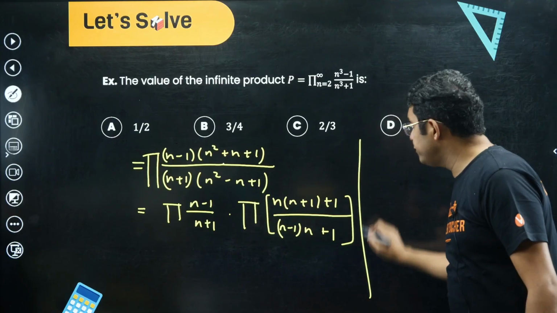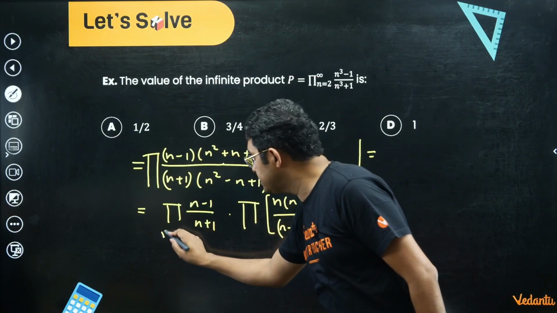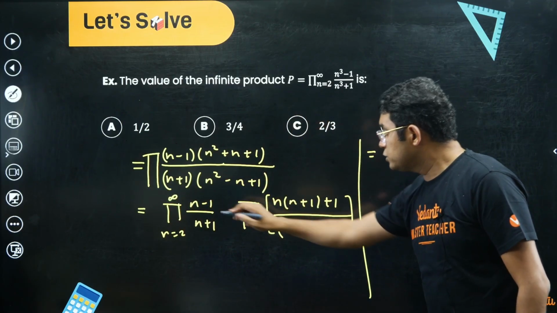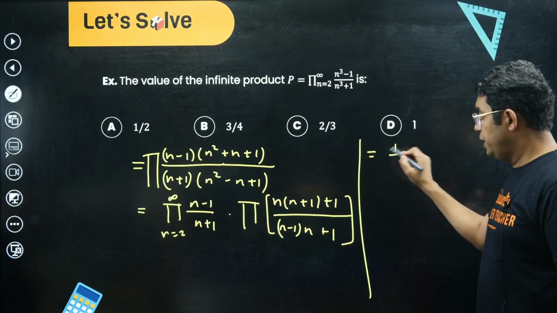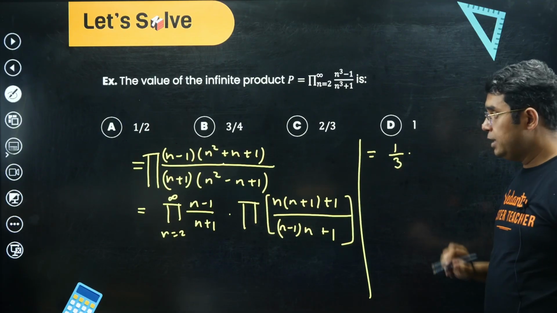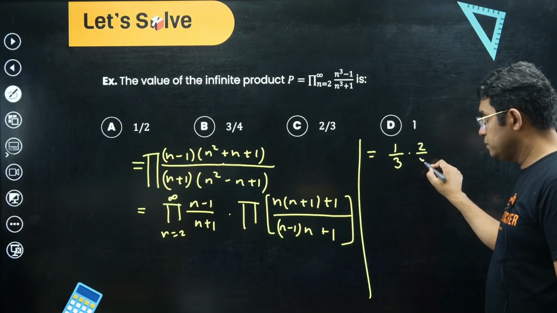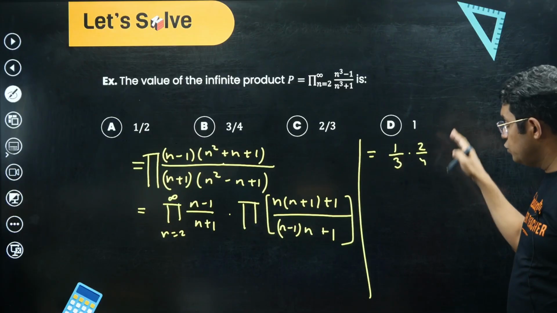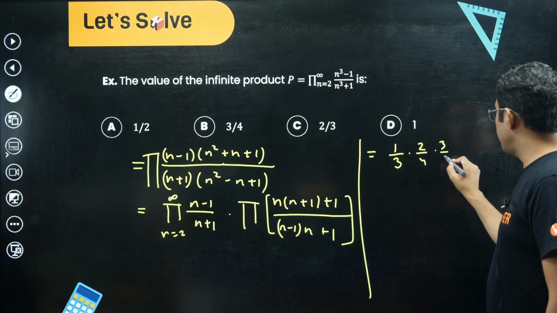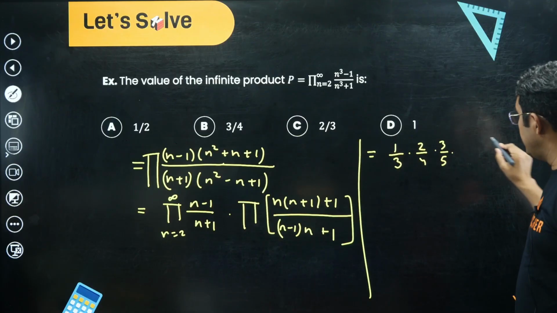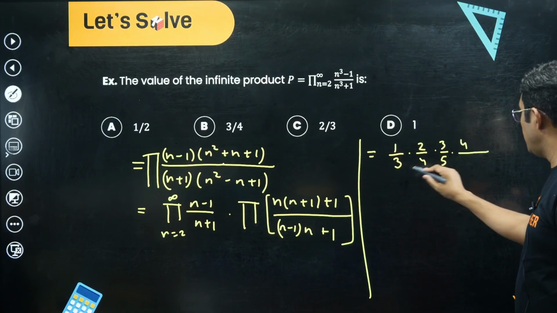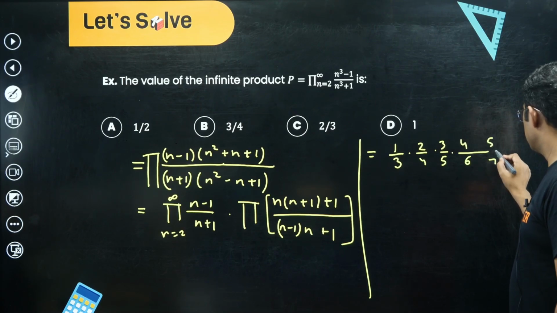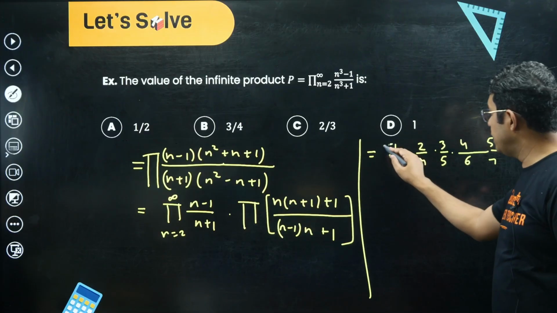If I start writing for the first one where n is starting with 2 going till infinity, if you put 2 it will be 1 upon 3 first, then if you put 3 it is 2 upon 4, then it will be 3 upon 5. So in the numerator it is 1, 2, 3, 4, 5 and so on, and here it is 3, 4, 5, 6 and so on. Okay, that is my first product.